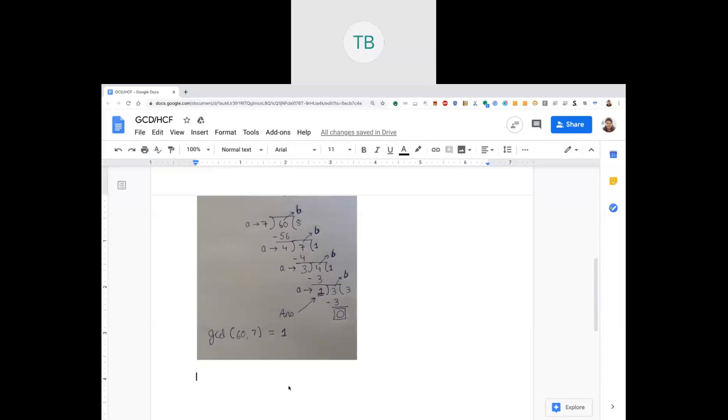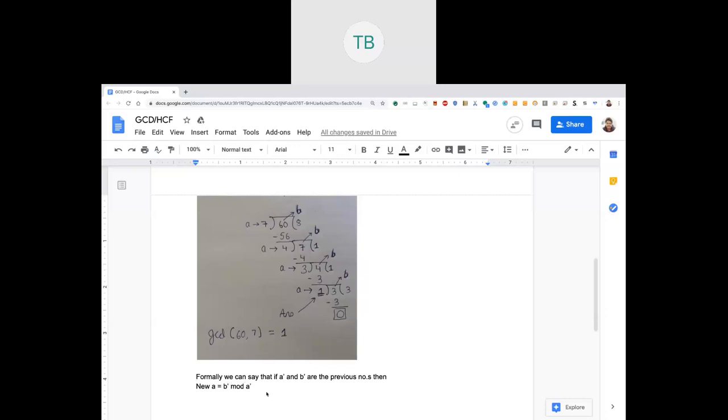So formally, we can say that if a dash and b dash are the previous numbers, then new a equals b dash mod a dash.